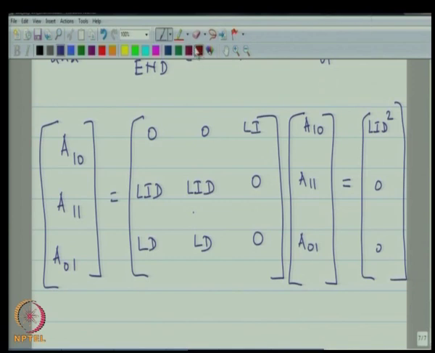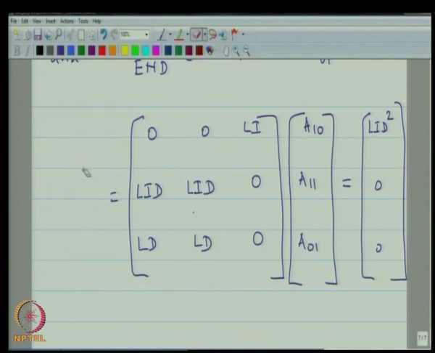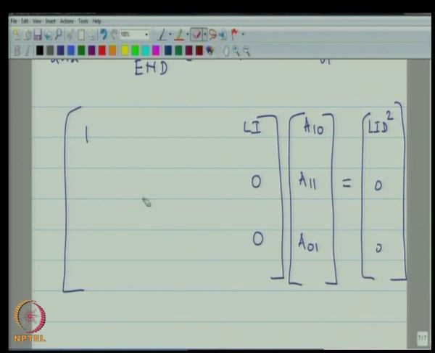So, then with that what I will actually have is 1, and let me just erase these entries and put in the correct entries.